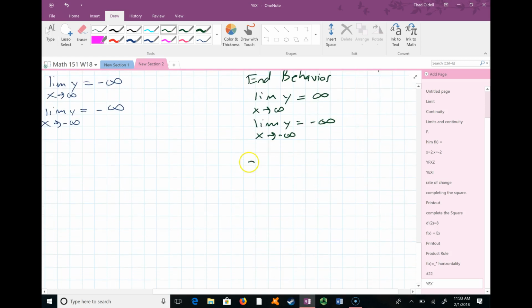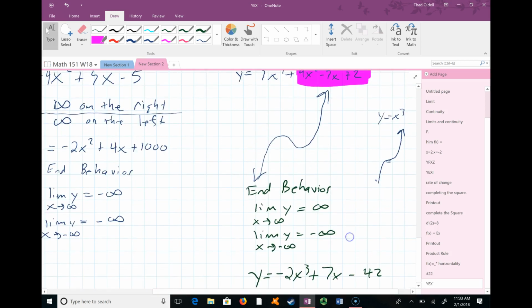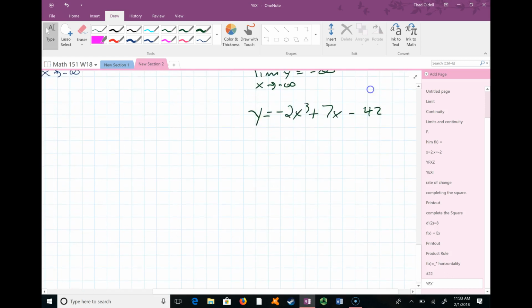And once again, if we put a negative out front, so let's say negative 2x cubed plus 7x minus 42, that's going to switch the direction. It's basically going to reflect it across the x-axis. So instead of going high on the right and low on the left, this will be the other way around. So what's the end behavior?